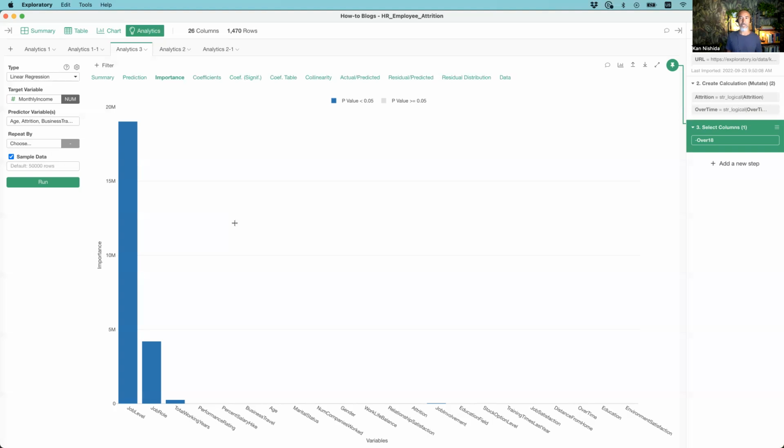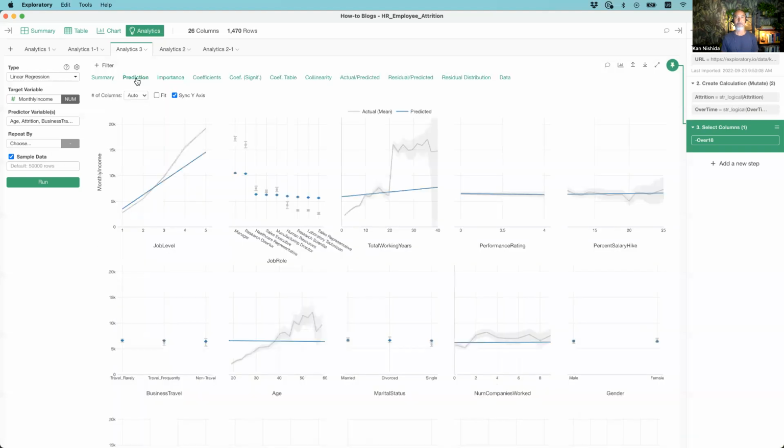That is something you can find in the prediction tab. It says prediction, but it's not a prediction for each employee; it's more by variable. So if you know the job level, what would the monthly income be?